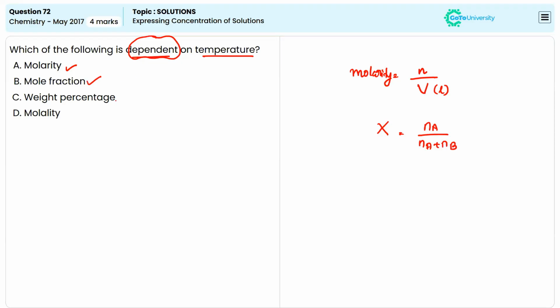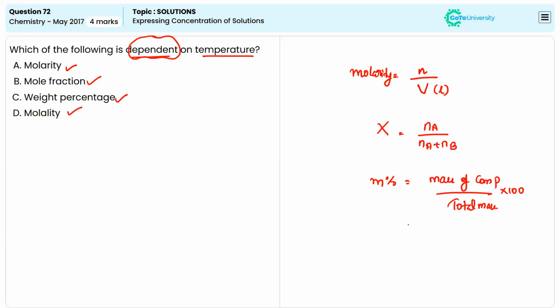Similarly, weight percentage, or mass percentage, is equal to mass of one component divided by total mass times 100.